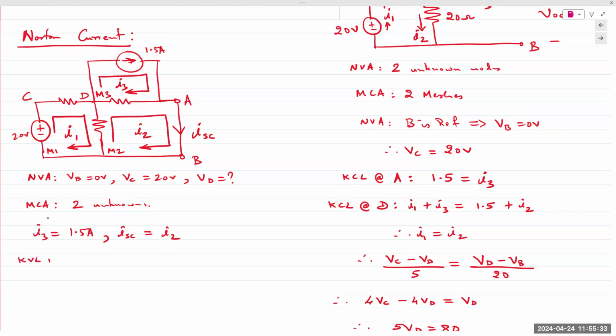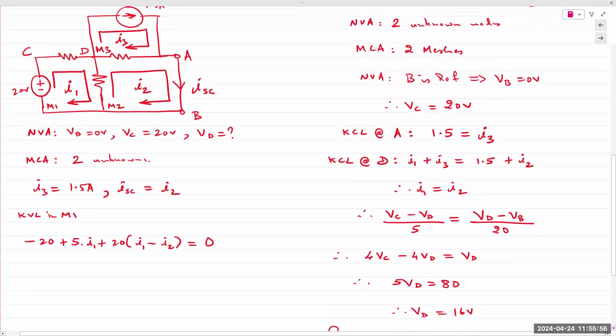If I apply KVL in mesh 1, I have three quantities. Minus 20 plus 5 times I1 plus 20 times I1 minus I2. We are in mesh 1, all currents are clockwise, so I1 is positive, all other currents outside of I1 are negative.